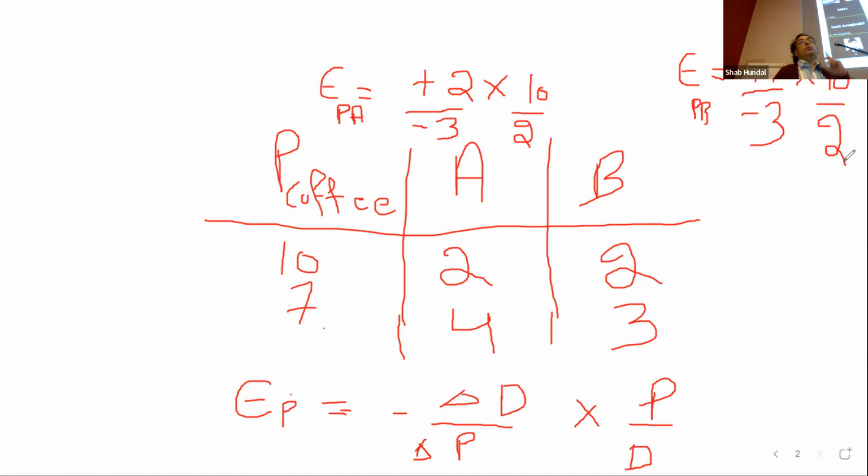Without calculation, I want to ask you, because this is an overly simplified example, and I on purpose picked the starting quantity of A and B the same. Without calculation, who is responding more to the change in price, A or B? Because look, A is doubling his consumption. Look, the price is the same for both consumers.